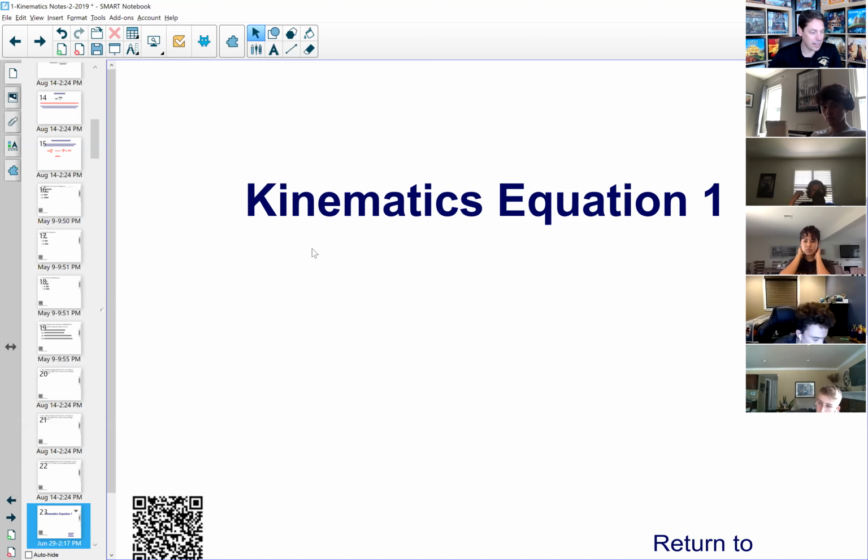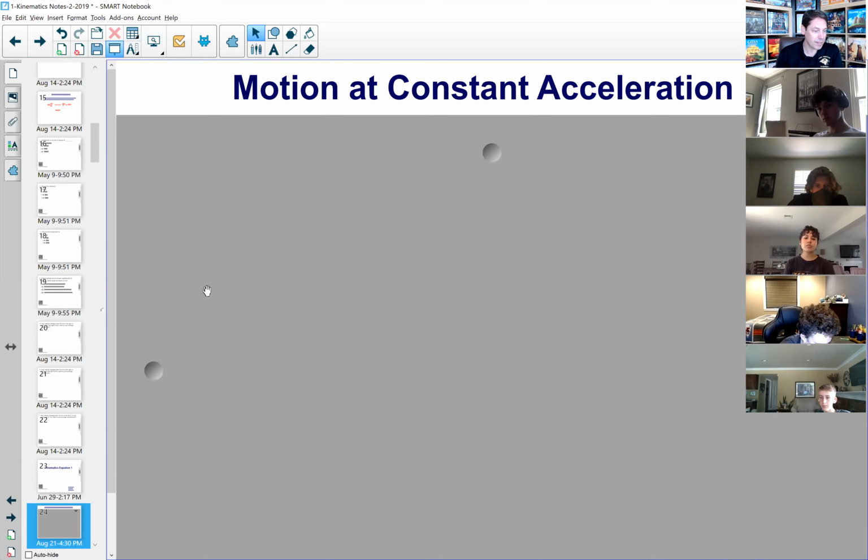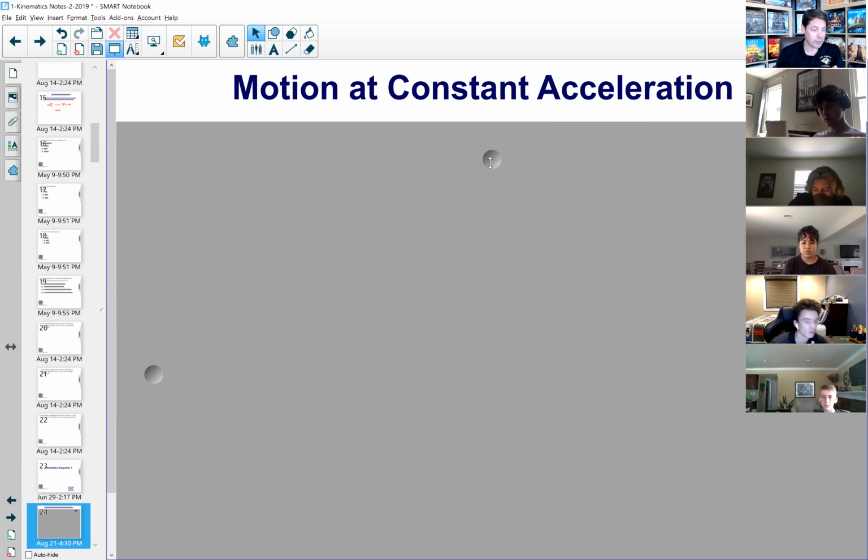It is basically the definition of acceleration, so that's why we're learning it today. We've just defined acceleration, both verbally and with an equation. Now we're going to rewrite that into what is generally considered kinematics equation number 1. So let's break that down. We are again talking about motion at constant acceleration, so the acceleration is not changing.